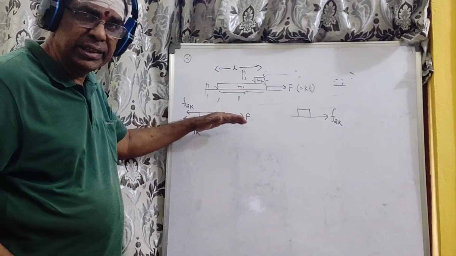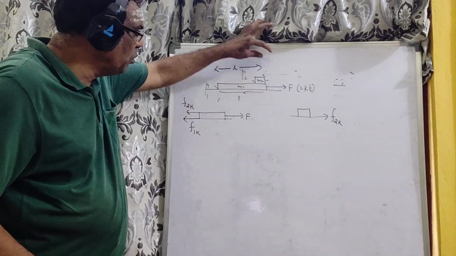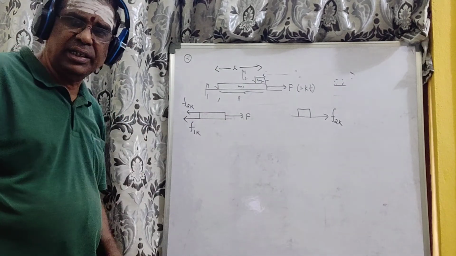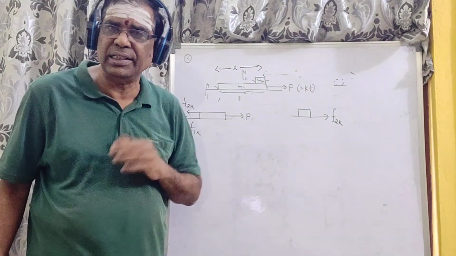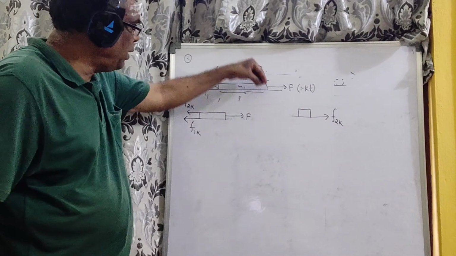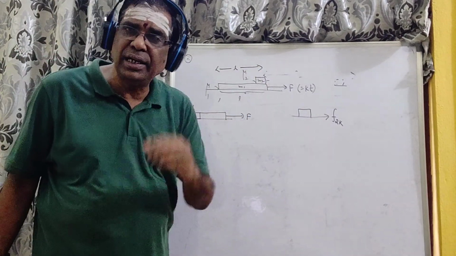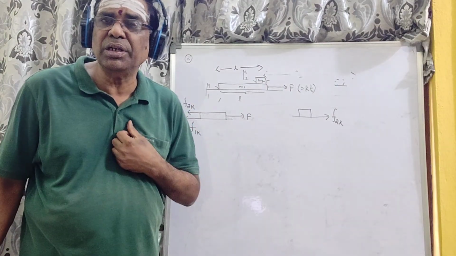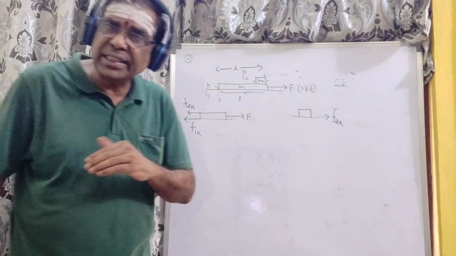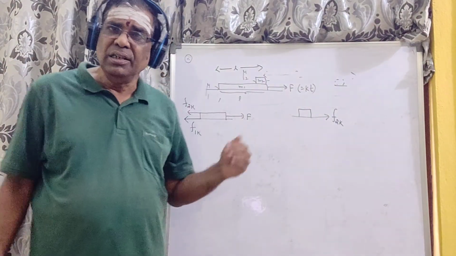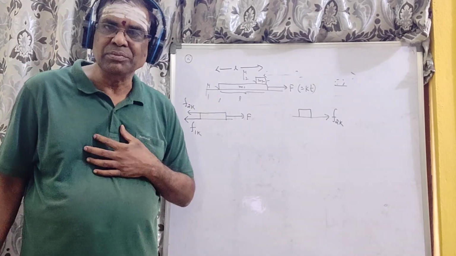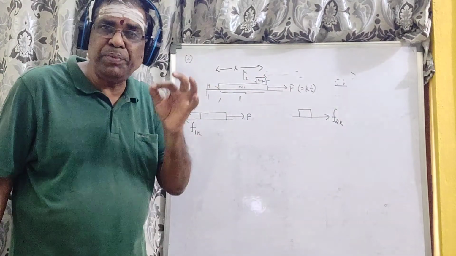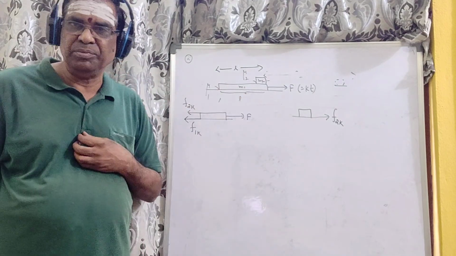When I am placing this body here, if I remove this, if I use 100 newtons, I will get a certain acceleration. If I am placing this and use only 100 newtons, then how much acceleration am I going to get? In the previous case, if it was to be 10, now it will be only 8 or 7. So this is impeding the motion.